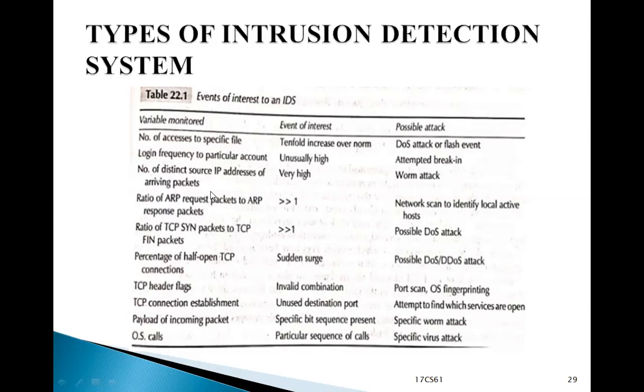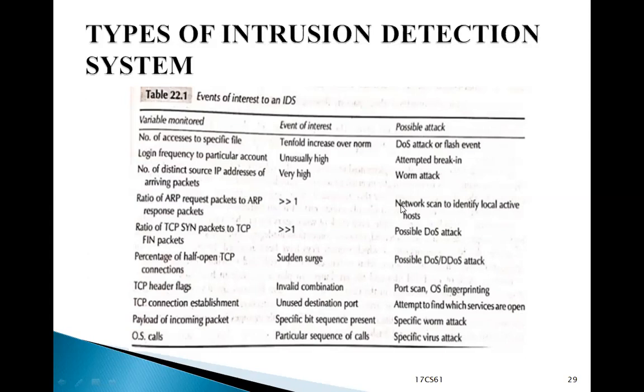Suppose ARP requests are 1000, then at the same time the response packets should also be 1000. Suppose it is not equal, if the ratio of ARP request packets to ARP response packets is greater, then it is a network scan to identify local active hosts.